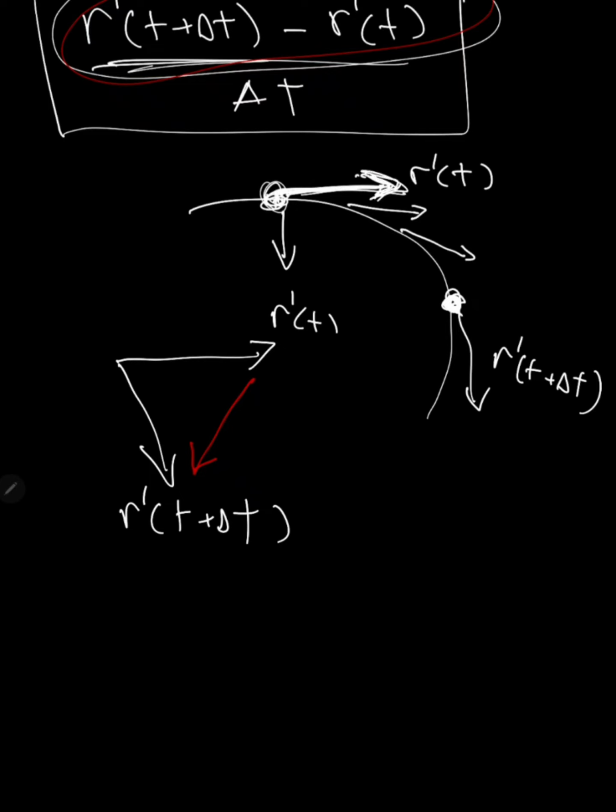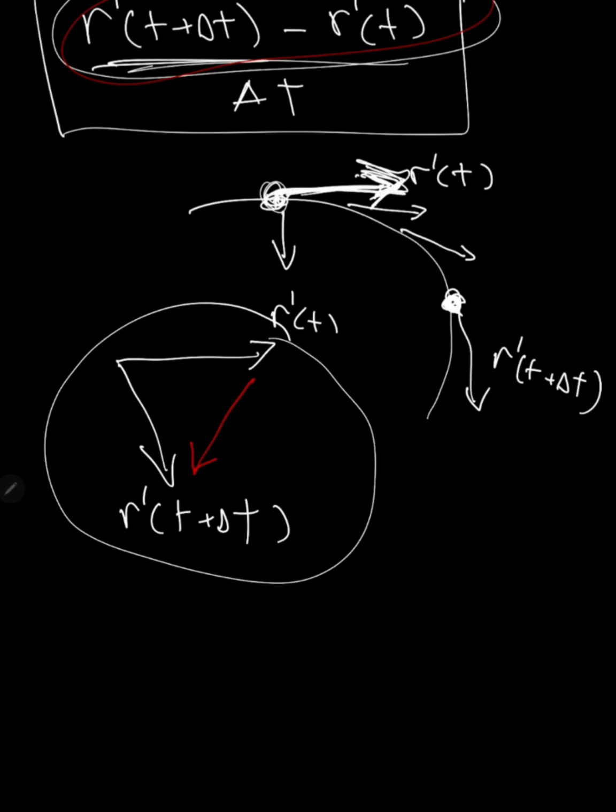So in this example, we had our velocity vector starting out in this direction, and it ended up in this direction. What happened? There was some sort of force pulling our particle in that direction. So that's the idea, and that pull is the acceleration.